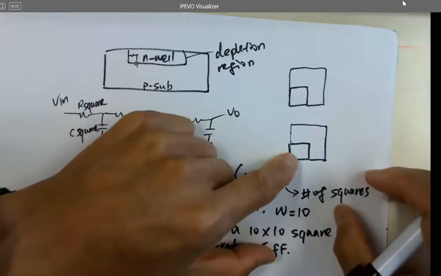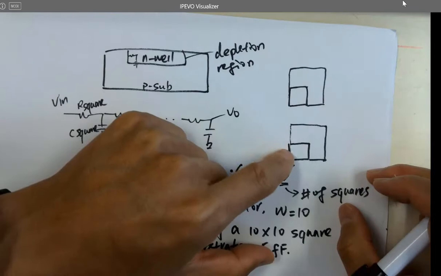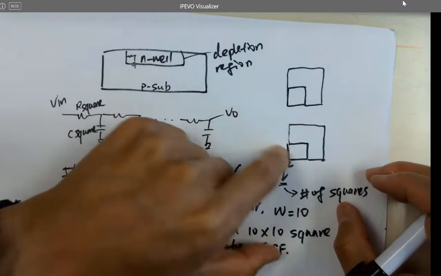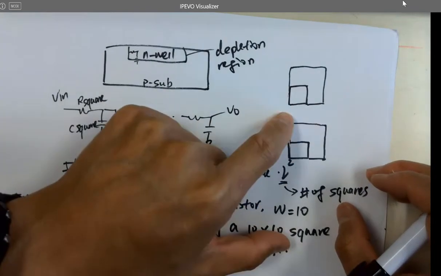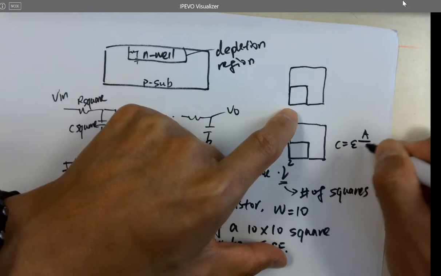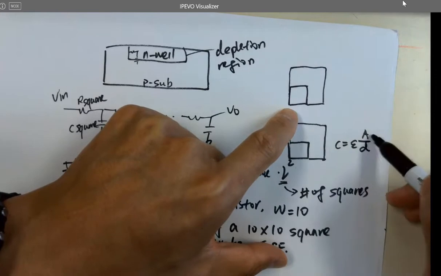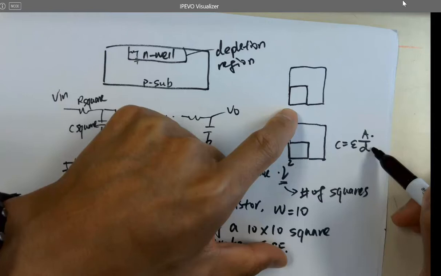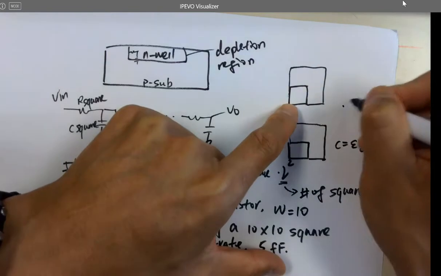So what about these two in terms of the capacitance? Do they have the same capacitance or not? C equals what? What is A? What is D? Yeah, so the two plates, they got two metal plates.